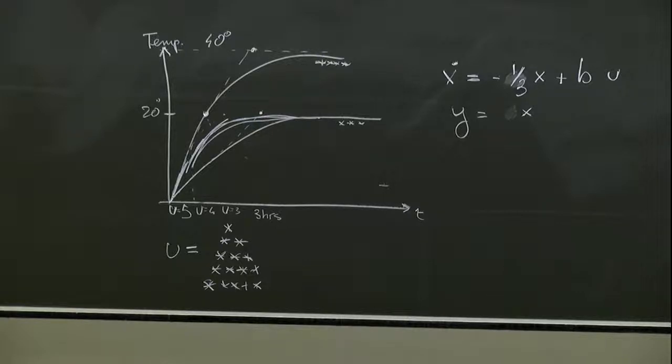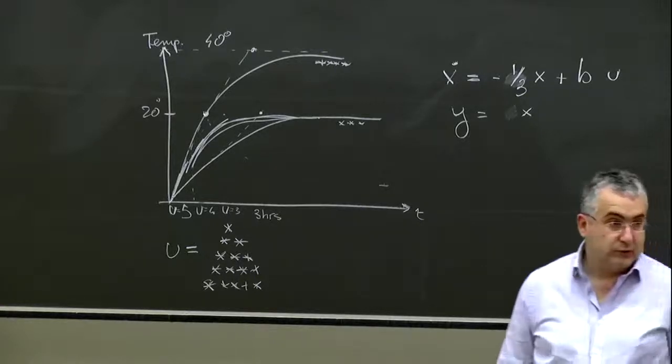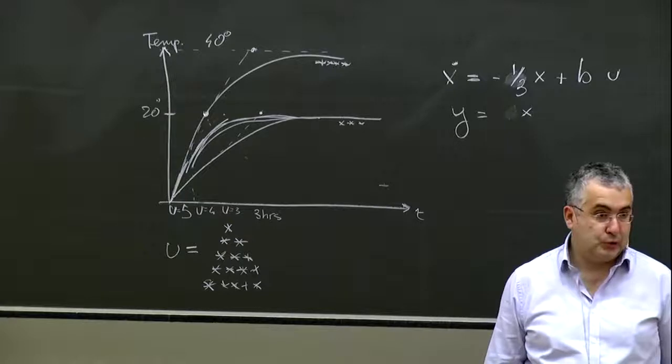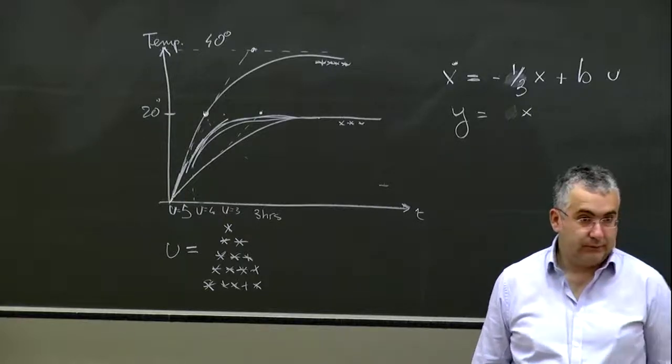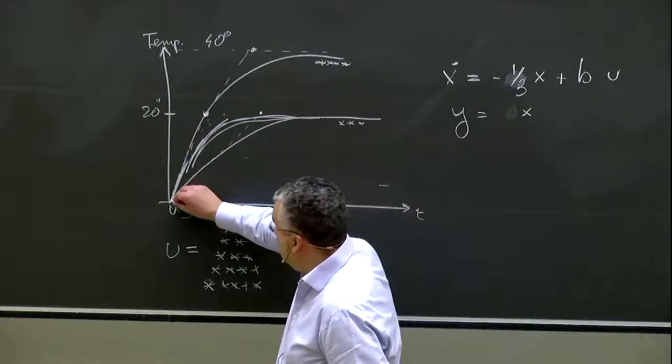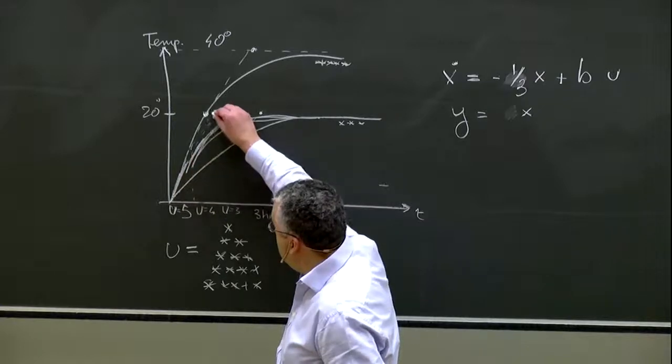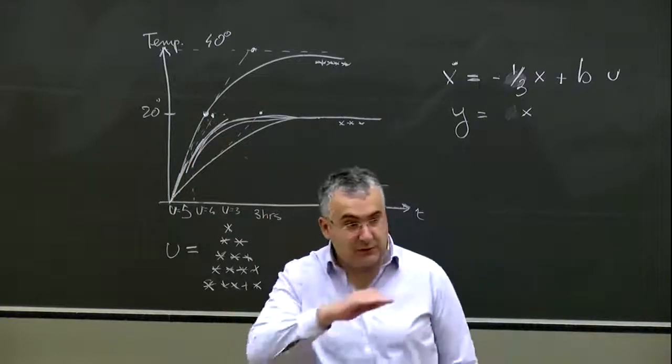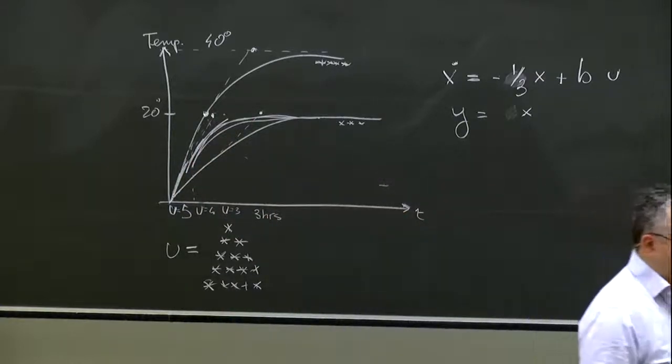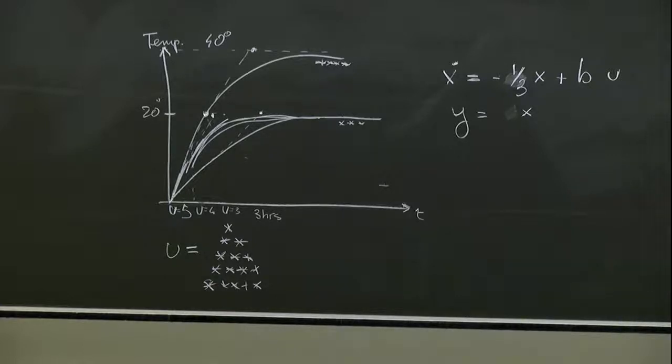Not only the scale, okay? What do you think happens to your time constant? The time constant is what you get by drawing this and looking at where it intersects your steady state value, right? So you see that the time constant now is much reduced. It's much smaller, okay? So what does it mean in terms of your system equations?